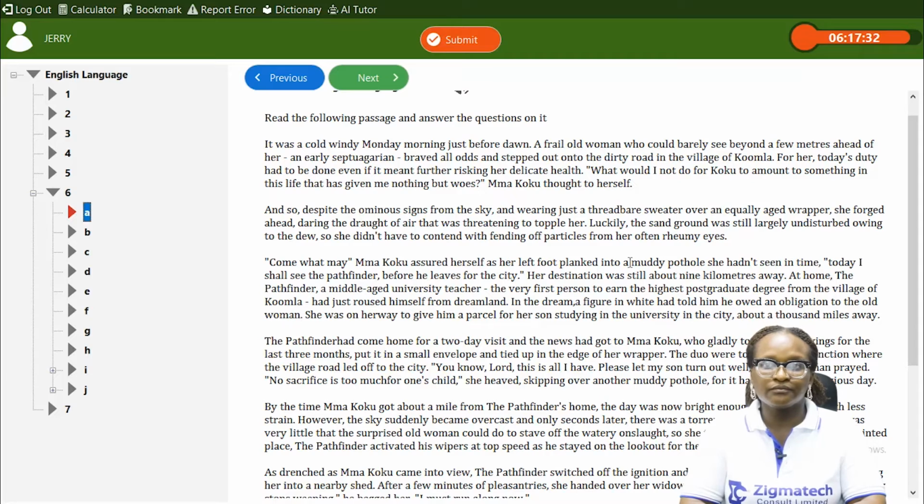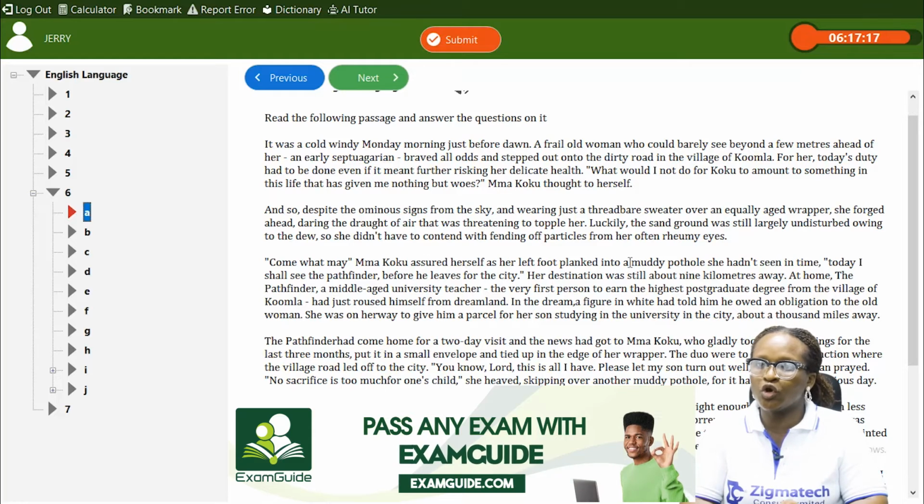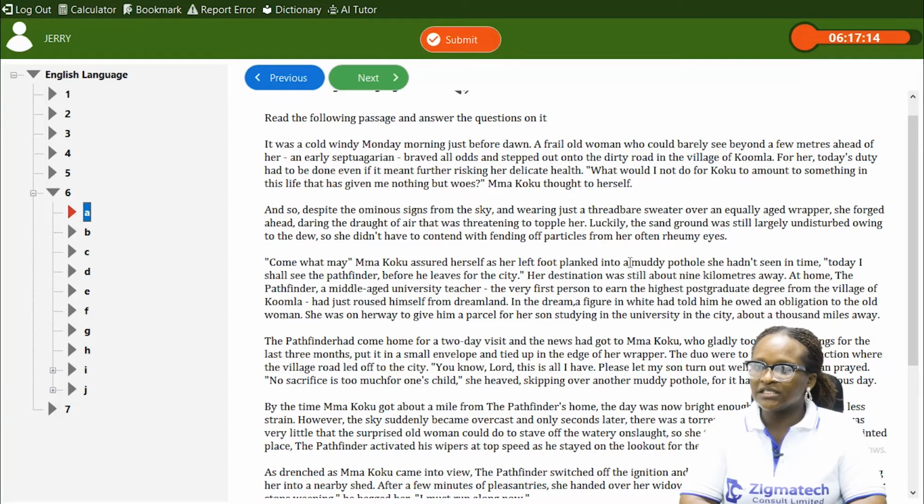That's the old woman. And so, despite the ominous signs from the sky and wearing just a threadbare sweater over an equally aged wrapper, she forged ahead, daring the drought of air that was threatening to topple her. Luckily, the sand ground was still largely undisturbed owing to the dew, so she didn't have to contend with fending off particles from her often rheumy eyes.